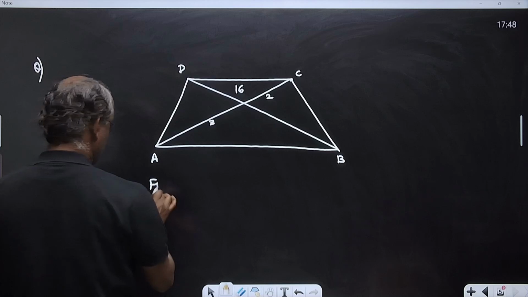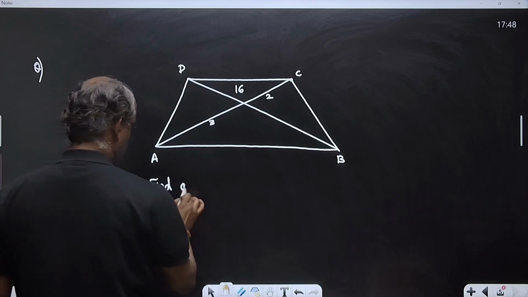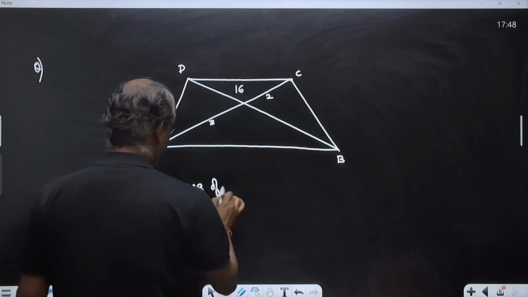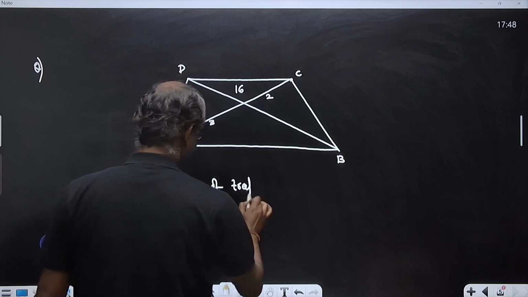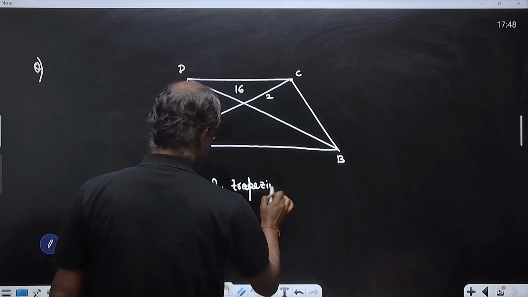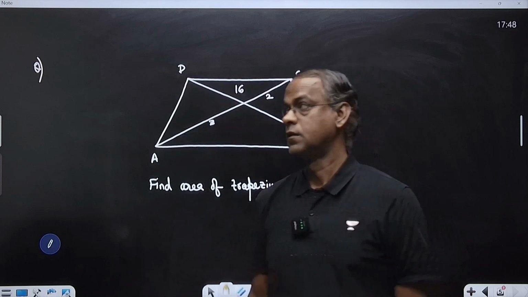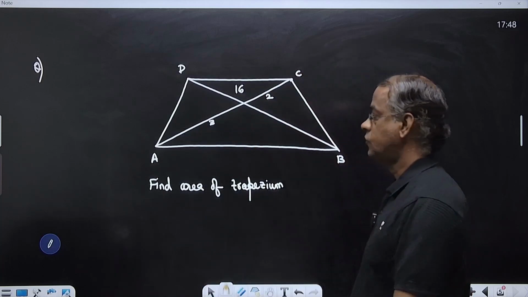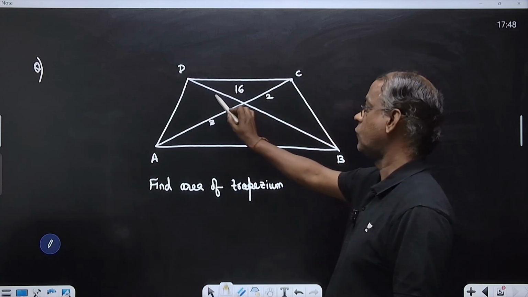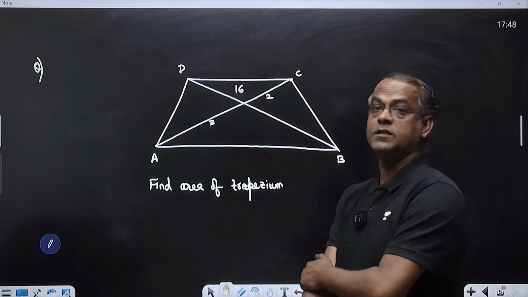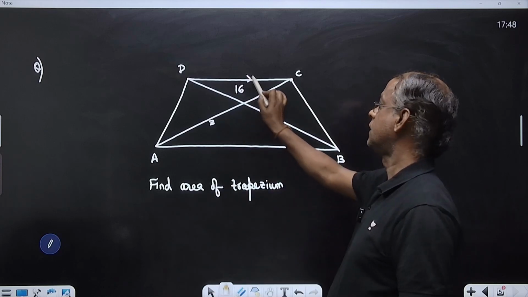Find the area of the trapezium. So this is again 2:3. Diagonals are dividing each other in the same ratio. This is a trapezium.